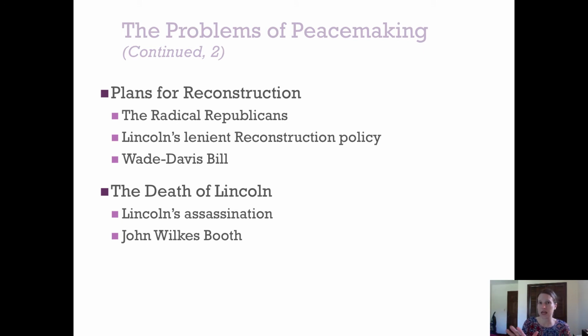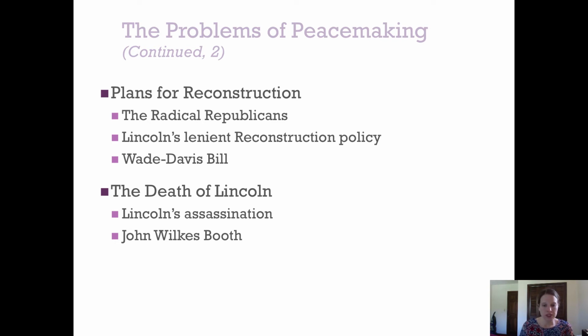He said that he wanted as few as 10% of Southern voters to pledge loyalty to the United States of America, because remember, they were the Confederate States of America, technically a different country. So if as few as 10% of the voters in 1860 agreed to loyalty to the United States, those states could immediately begin to set up a new state government. And there were lots of people that were quite upset about that.